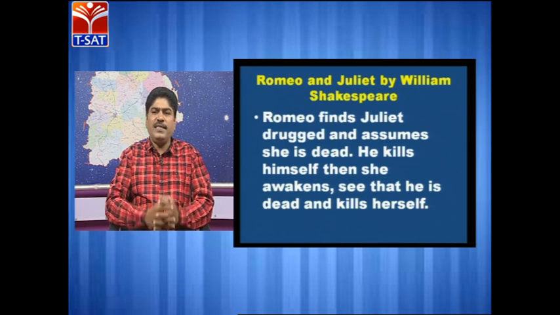Immediately after that he kills himself. Then she awakens, sees that he is dead, and after looking at Romeo who is dead, she kills herself. This is one example we can find in Shakespeare's Romeo and Juliet.